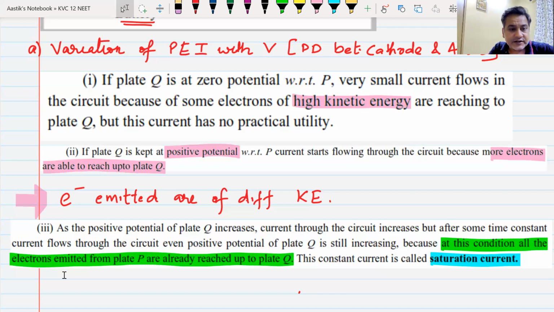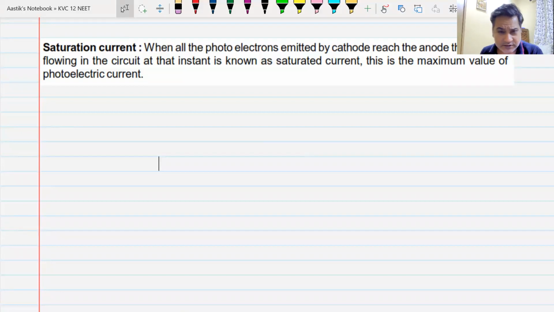What is saturation current? When all the electrons which are emitted by the cathode reach the anode, the current becomes constant. That current is known as your saturation current. You see this? Yes or no?